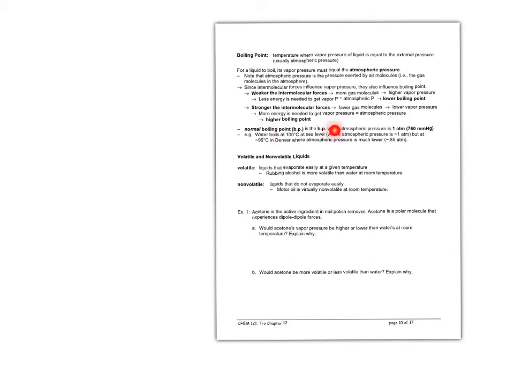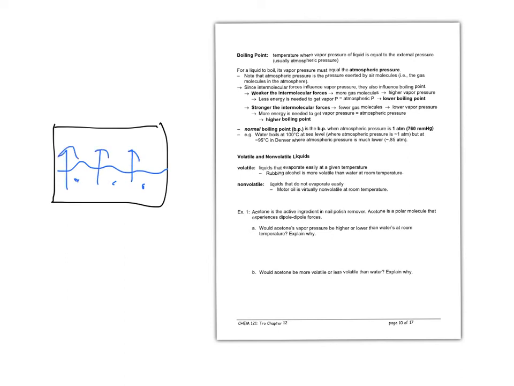So normal boiling point is at 1 atmosphere. Remember air pressure, as you just saw in the other problem. If you have this container and it's open to the air, and you have a liquid, some water, and some of these molecules are escaping, what's going to stop them from leaving? Well, only the things that are pushing back.